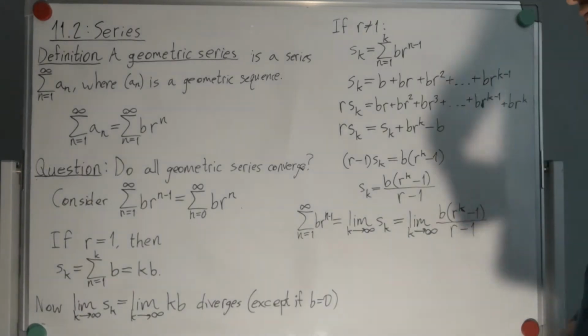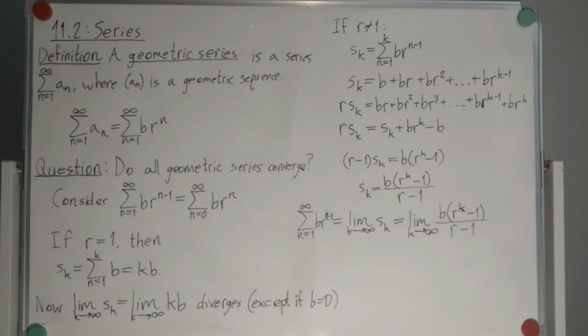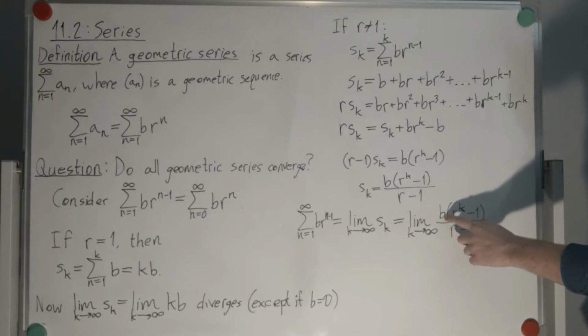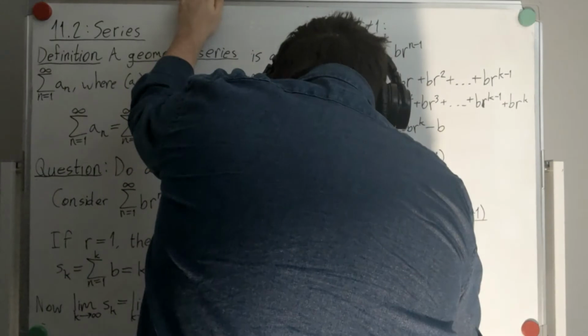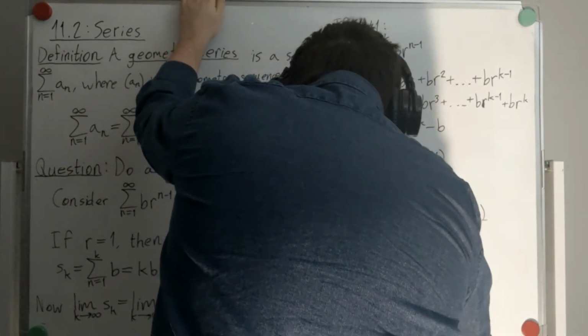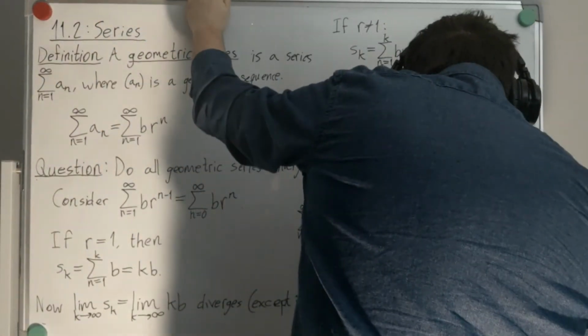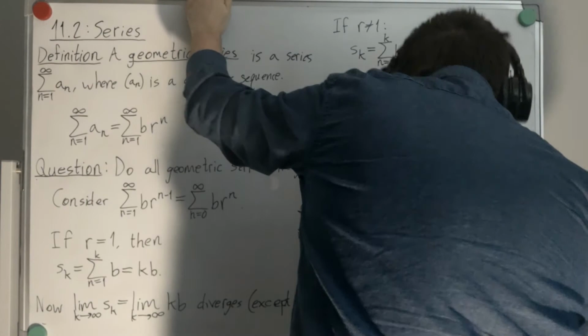So, if r is between -1 and +1, it converges to b over 1 minus r. So, if -1 is less than r, and that's less than 1, then this converges to b over 1 minus r.